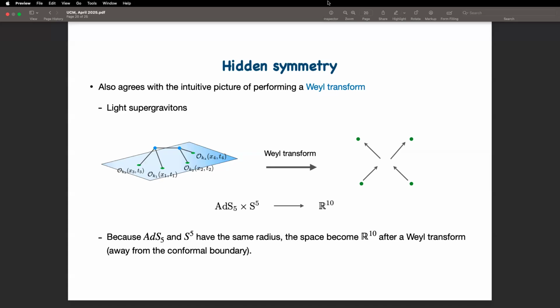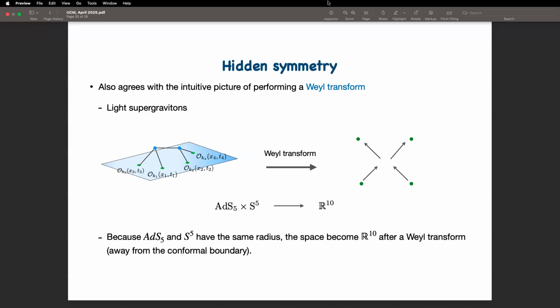And this is possible because these two factors have the same radius. Now, these correlation functions under this Weyl transform will become some scattering amplitudes in 10 dimensions. And I should also mention that if you just do a Weyl transformation, it's actually not R10 because there's also a conformal boundary, but if you're away from the conformal boundary, it looks like an R10.